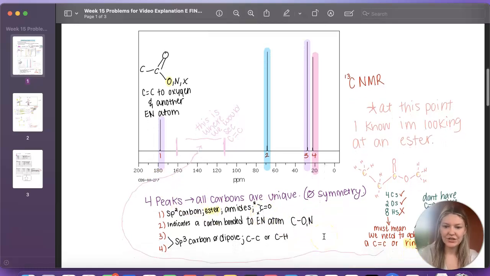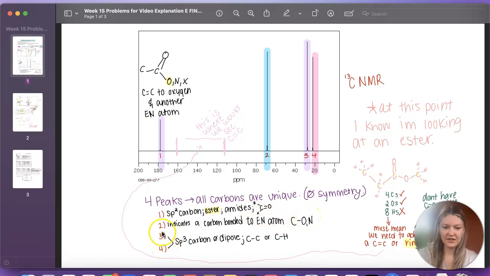So then I looked over here at the second peak. At 70, it indicates that there's a carbon bonded to an electronegative atom, which is carbon to oxygen, or it could be nitrogen. And that kind of matches up with the IR spectrum. So those are the two things. We have our carbonyl and we have a carbon oxygen that we found in our IR spectrum.